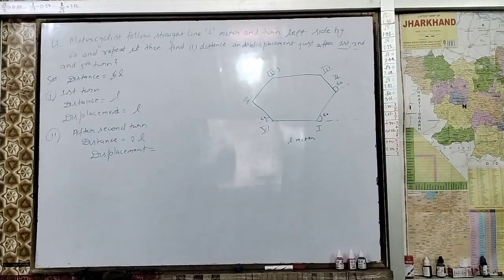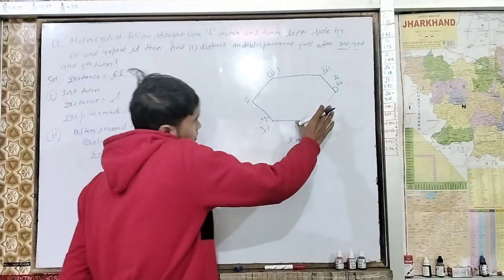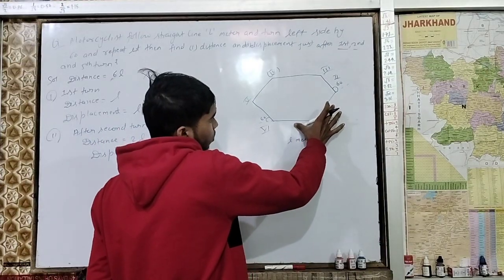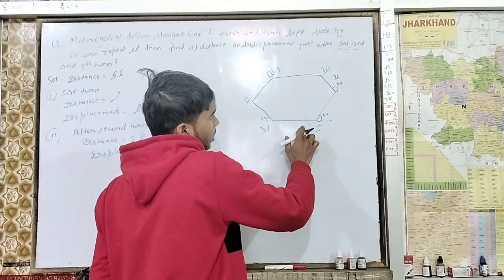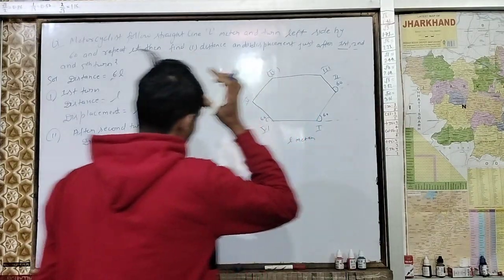Here is a twist. You can't say that 2L is equal to displacement. No, not at all. Two sides' values are provided: this one is L, then again L, and theta is also given.